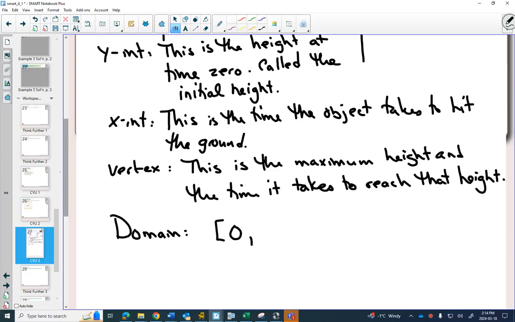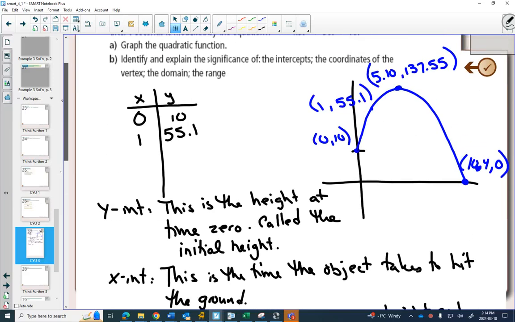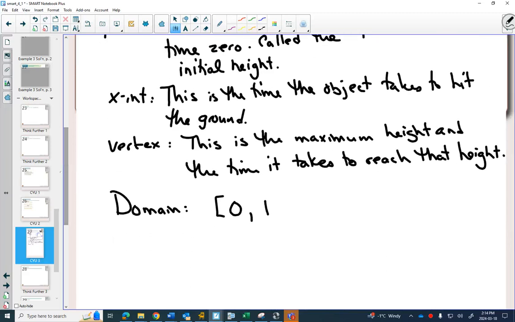It started when time was 0, and it only followed this path until 10.4. Since I rounded, I'm going to put a round bracket there. If it was exact, I'd put a square bracket, but it hits the ground at 10.4. It doesn't keep going, right?